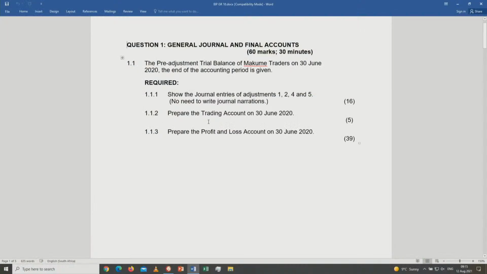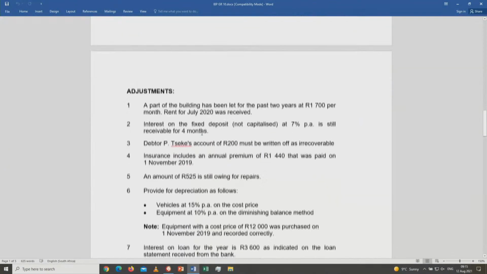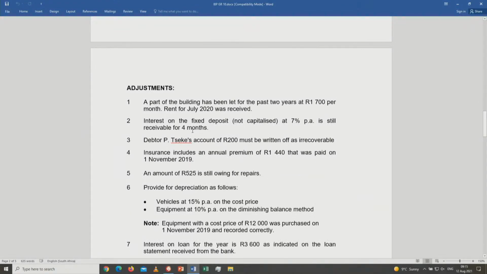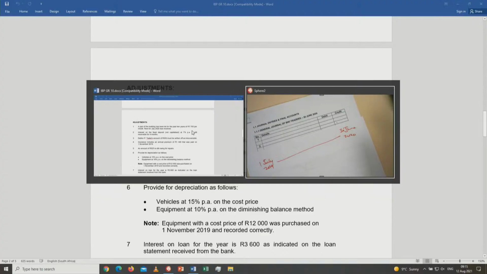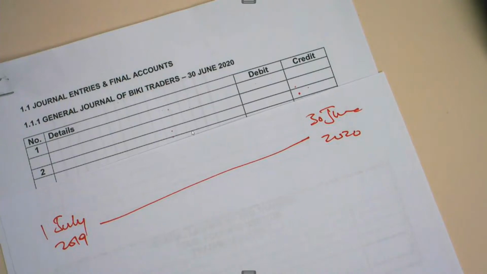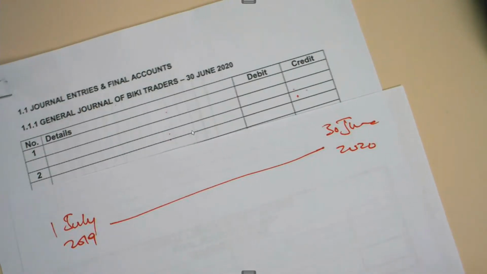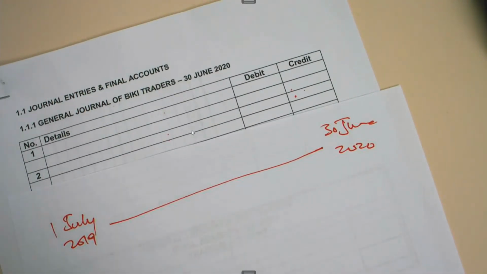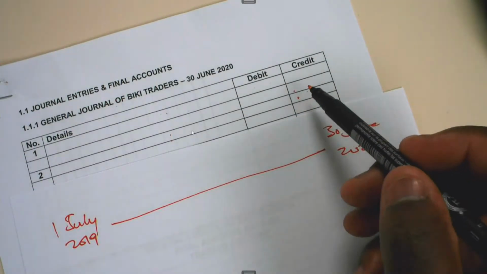Now, our adjustment number 1 says here the rent was received for July 2020. July 2020 is the first month of our new financial year. Now, any income that we have received for the next financial year, I said it is income received in advance. Remember, I said it's a liability type of account, and liability increases on the credit side.